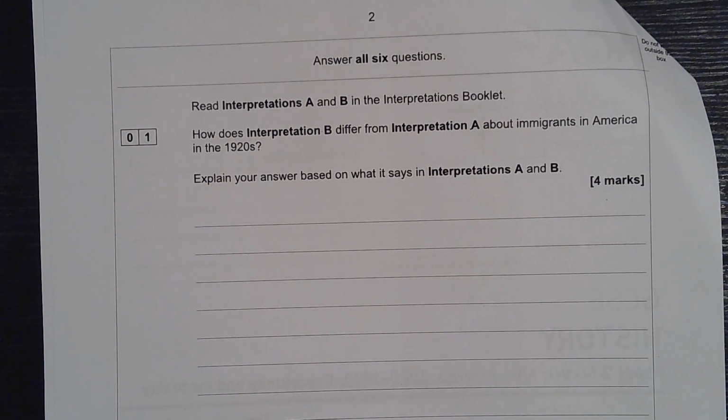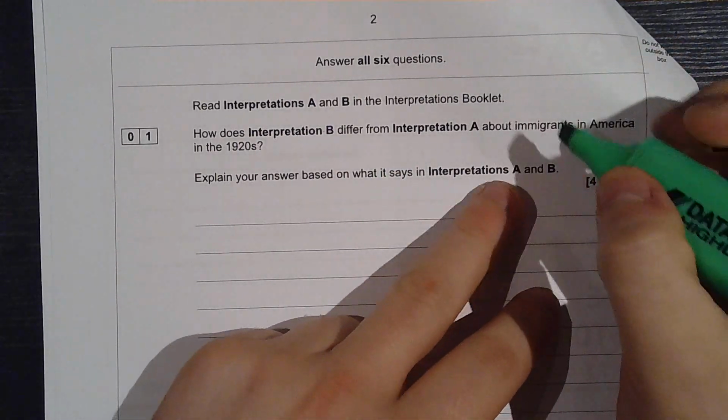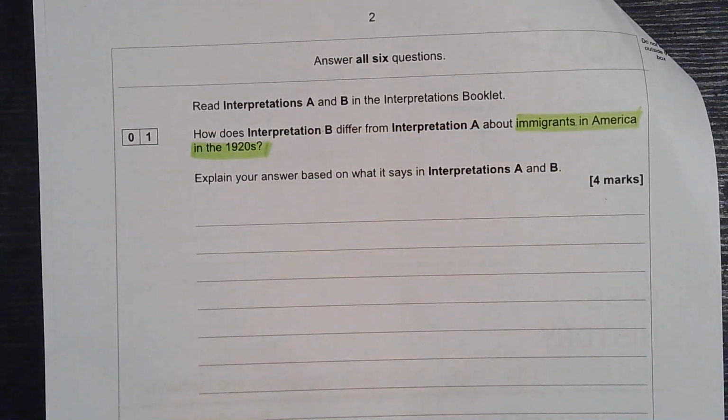So the first thing we do with any question is ask ourselves, what part of USA history is this question asking us about? From having read through this, I know the question is asking us about immigrants in America in the 1920s.